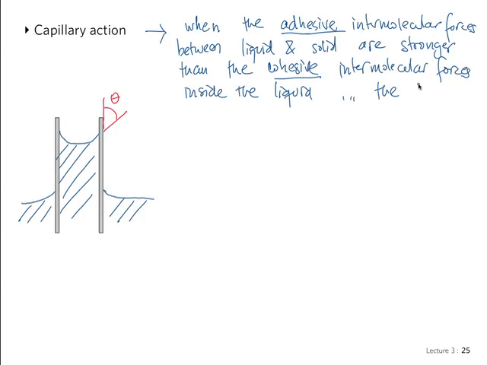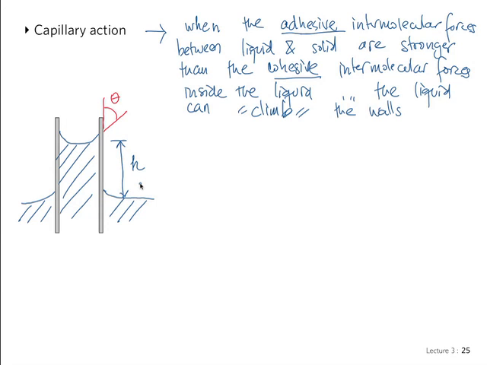In this case, the liquid can apparently climb the walls of the solid. So for this situation here, if we look at perhaps the bottom of that meniscus with respect to the surface here, we have a certain height that the liquid is able to climb because of this.